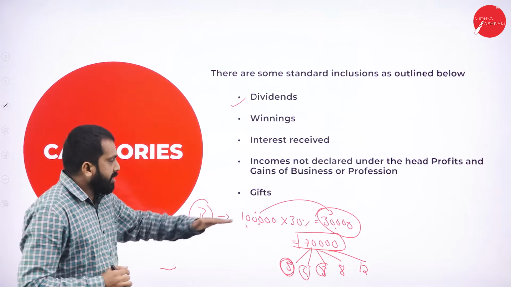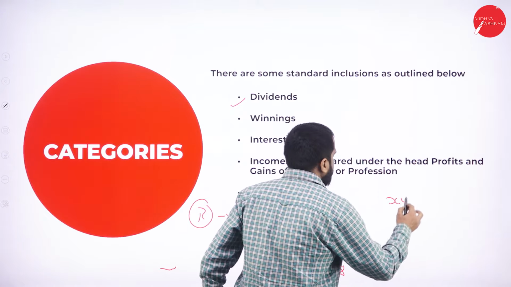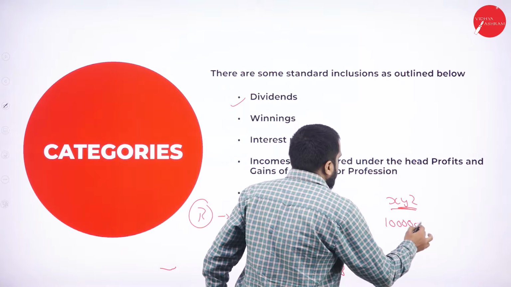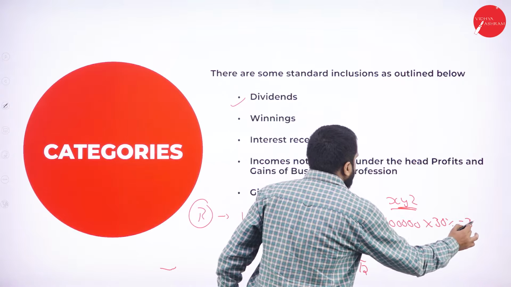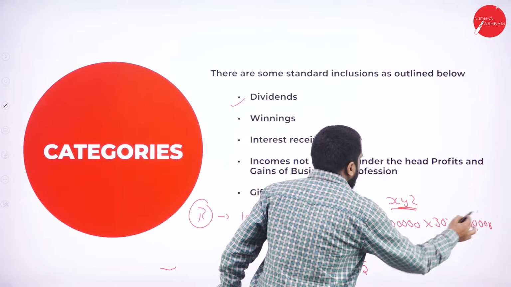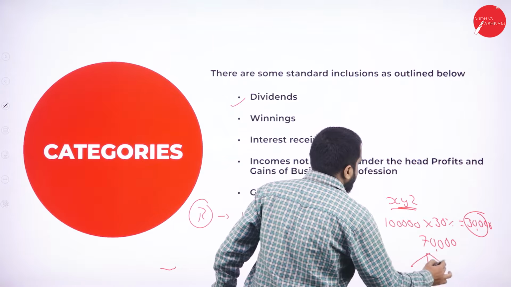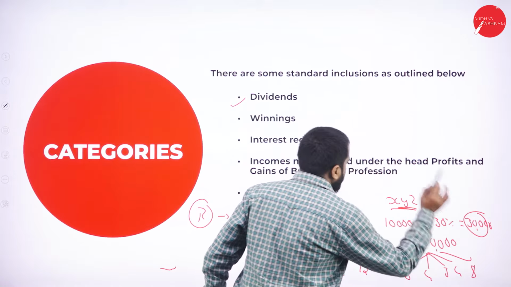Because, same as Reliance company, take some foreign company: they got a profit of 1 lakh, they paid 30% tax, 30,000 to the government, and the balance 70,000 is given to us as dividend: 5,000, 4,000, 3,000, 8,000.